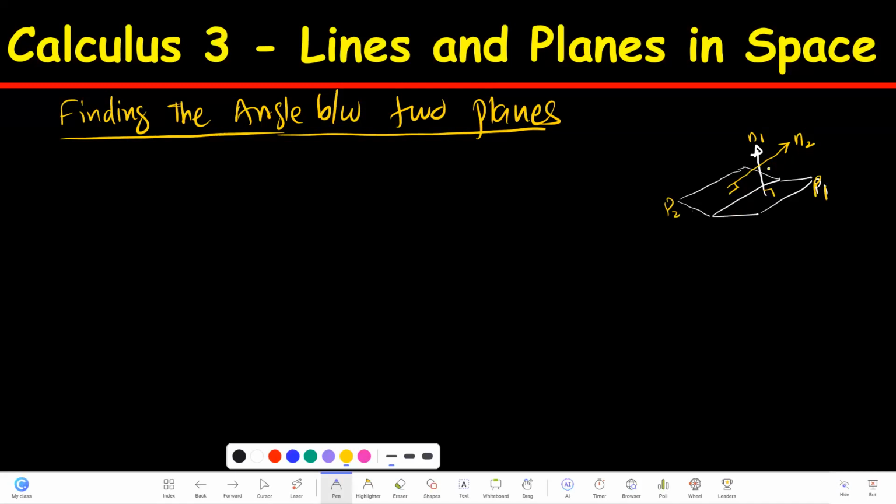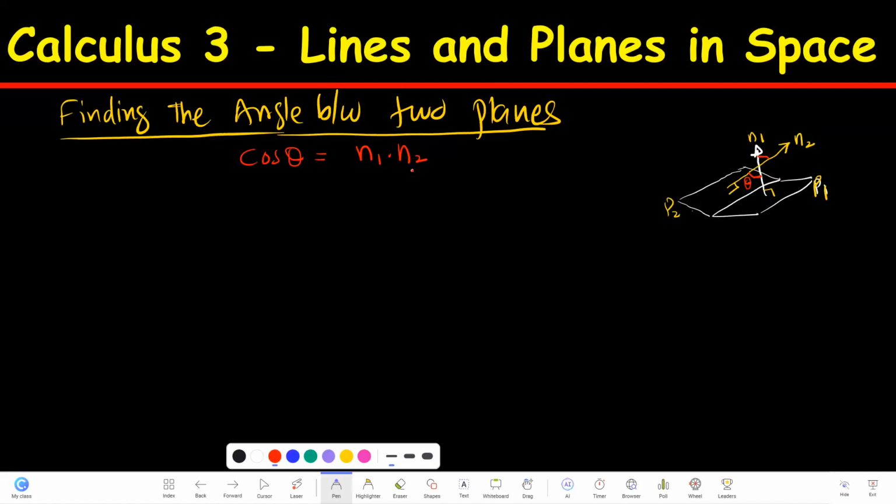And what exactly I want is the angle between the two. So really maybe I want this angle, or maybe I want that angle. Both angles should be the same, and that is my theta, right? The way I'm going to be writing here is I'm going to say cos theta equal to n1, because n is a vector, dot n2, right?